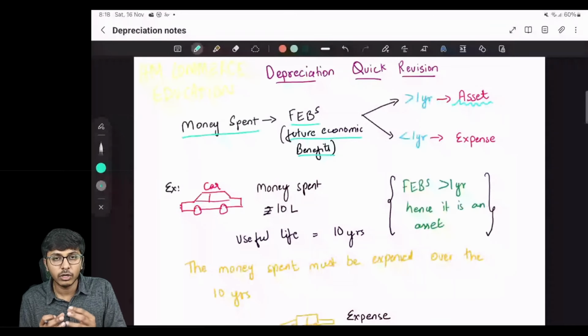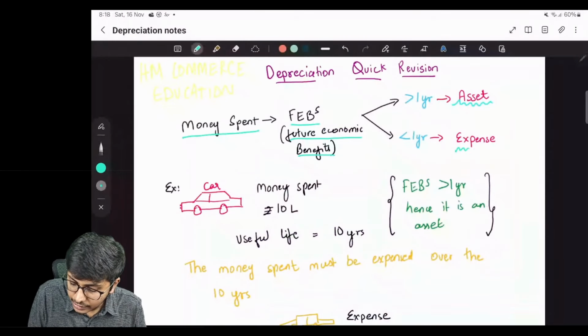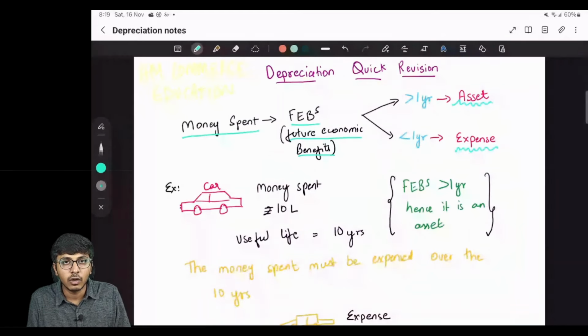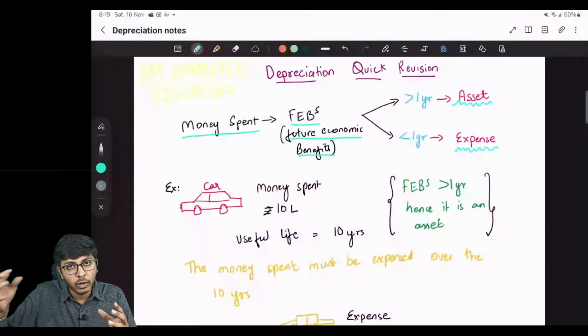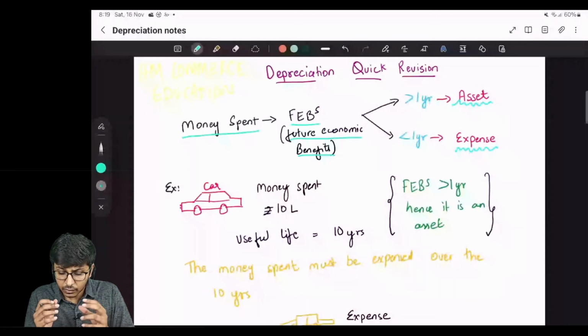If that benefit you're getting is for less than one accounting period, then we will treat it as an expense. Suppose you paid rent, you will not get it for more than one accounting period, correct? If you paid a rent for more than one accounting period, that will be treated as advance rent. It will not be treated as an expense for this year, like that.